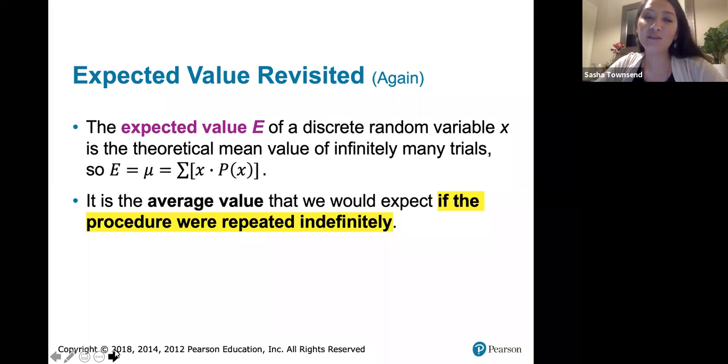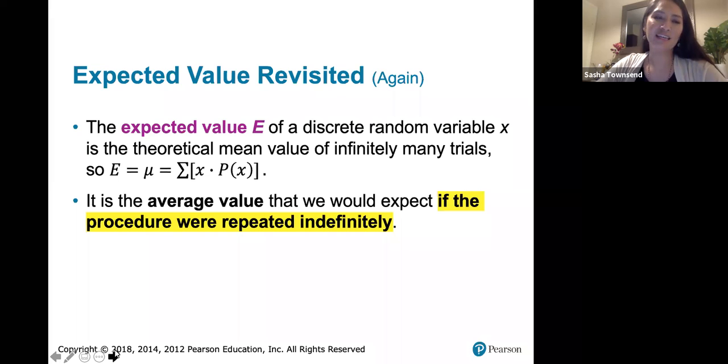If you were able to make infinitely many bets and then calculate the average amount that you won or lost, you would end up with that expected value. Now, the expected value doesn't tell you anything about what's going to happen in the next bet. It just tells you what the average would be if you were to bet indefinitely.